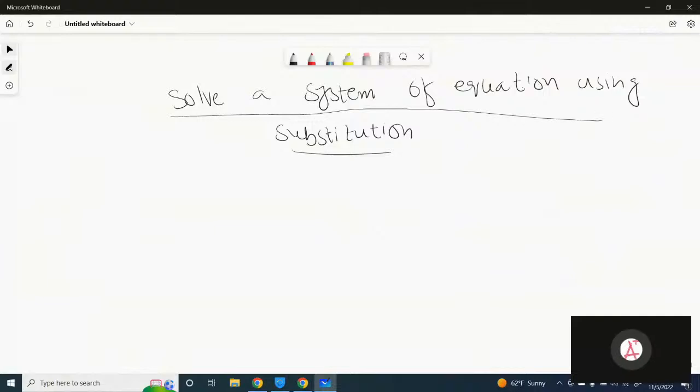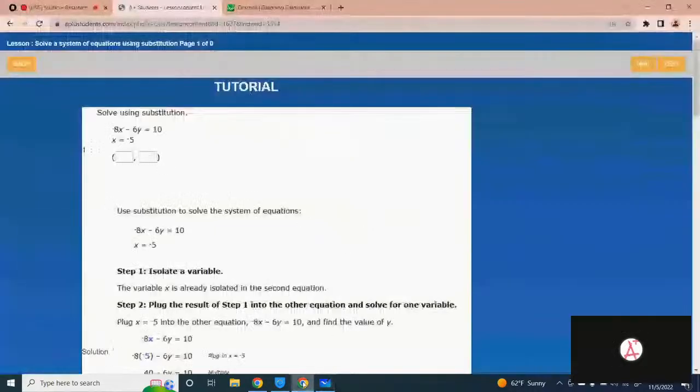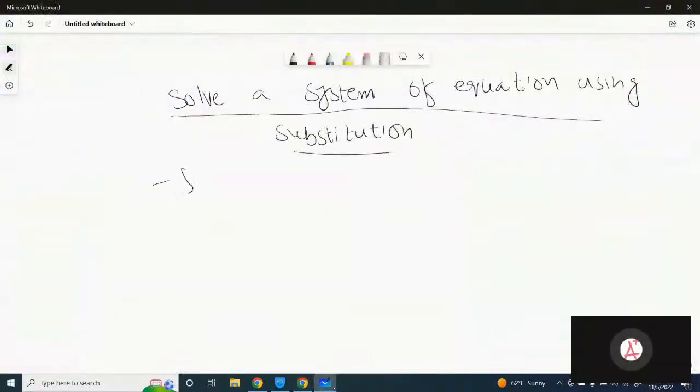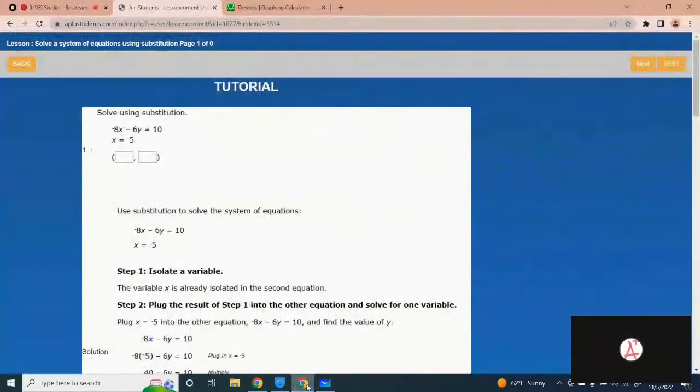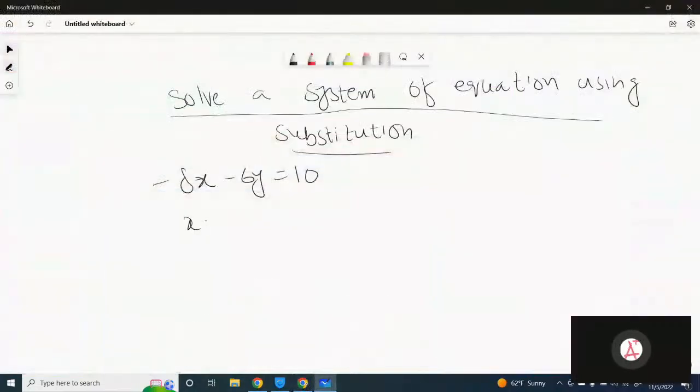Okay, let's start with an example. The first example is negative 8x minus 6y equals 10 and x equals negative 5.